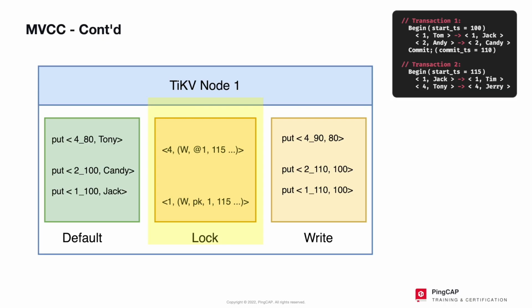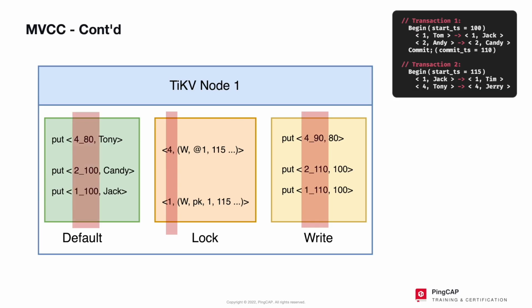Let's pay attention to the following points. For the default column family, the key is user key plus start_TS, or start timestamp. For the write column family, the key is user key plus commit timestamp. And for the lock column family, the key is user key.